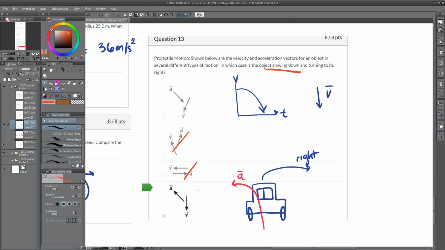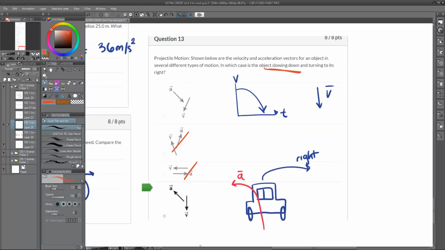The velocity is going down, and it is experiencing, I believe, an increase in acceleration in the left-hand direction, though I'm not entirely certain how to explain the difference between this option and this option.